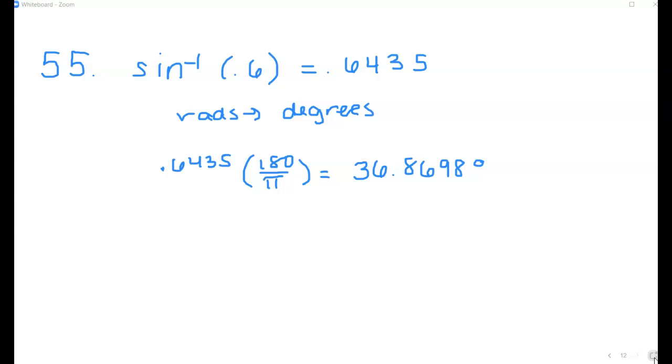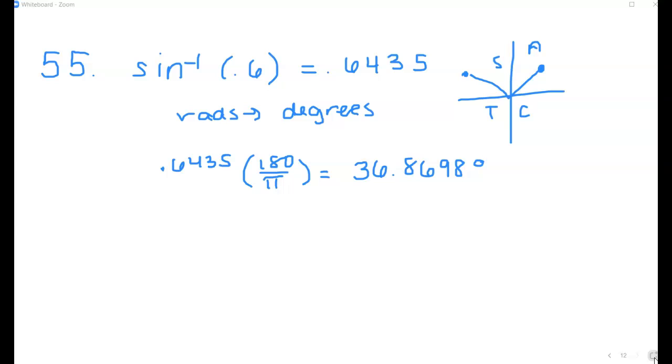Now 0.6435 is located in quadrant 1. So we know that sine is also positive in quadrant 2. So we could find its reference or second point on 0 to 2 pi.